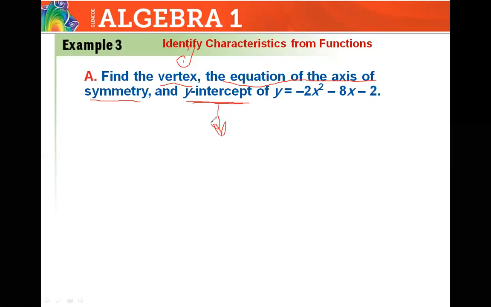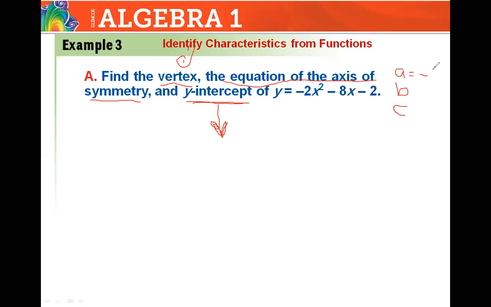If we want to find the y-intercept, it's represented by the free term. Ali, first, can you give me the value of a, the value of b, and the value of c from the equation? A equals negative 2.